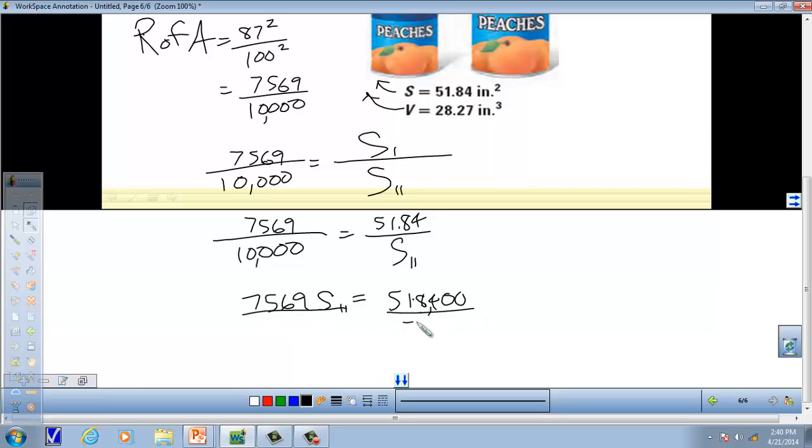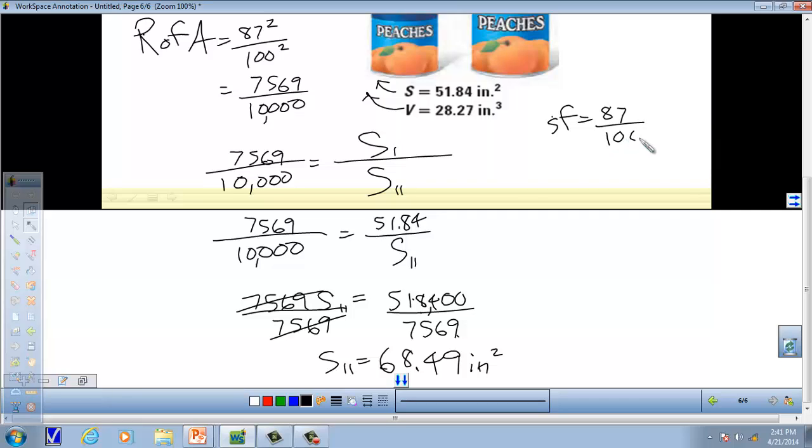We're going to divide these two: 518,400 divided by 7,569. And we end up with a surface area for number 2 of 68.49 square inches.